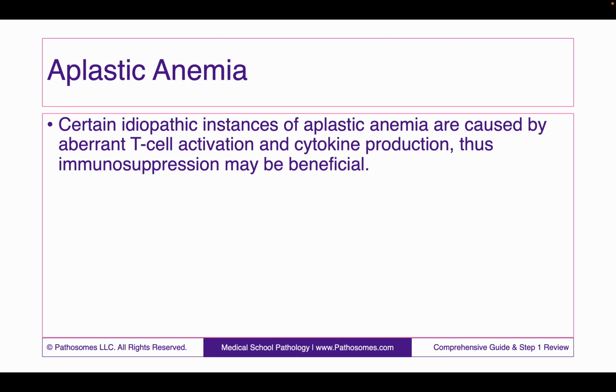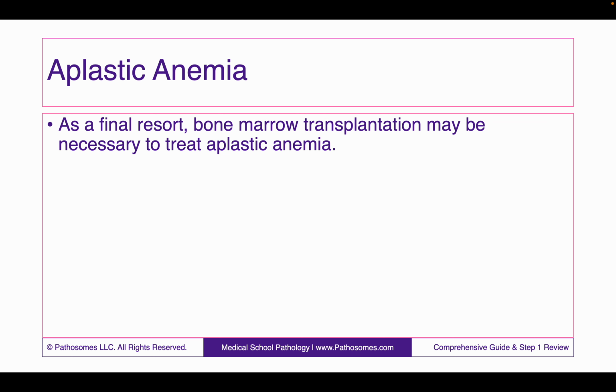Certain idiopathic instances of aplastic anemia are caused by aberrant T cell activation and cytokine production. Thus, immunosuppression may be beneficial in those cases. And as a final resort, bone marrow transplantation may be necessary to treat aplastic anemia.